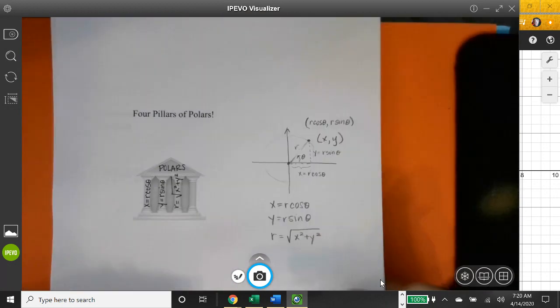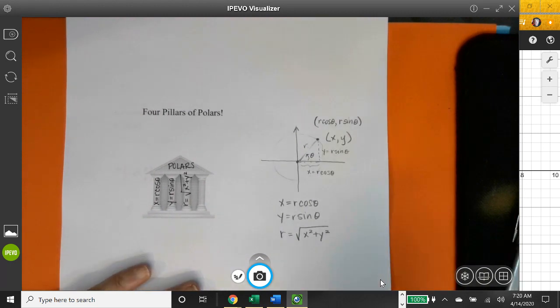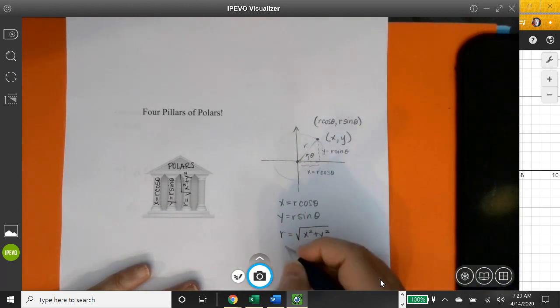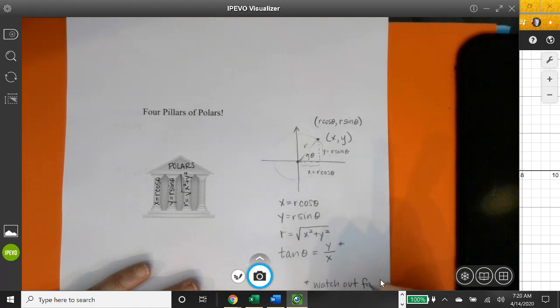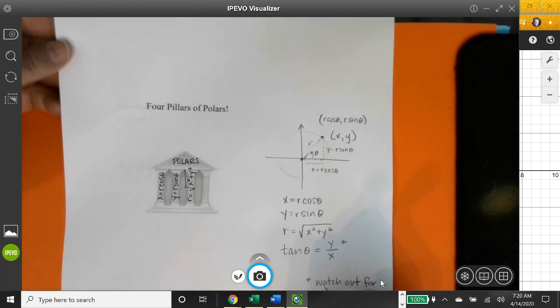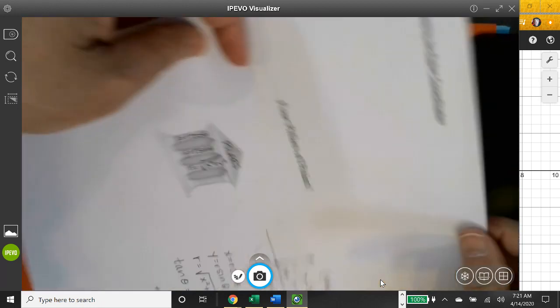And then the last one is the tangent of your angle theta is equal to y over x. And I'm going to put a little asterisk here. You got to watch out for your quadrant, because you might be solving for alpha instead of theta.